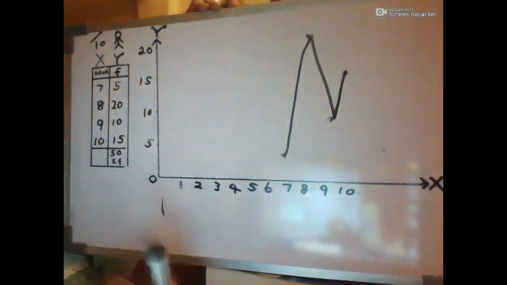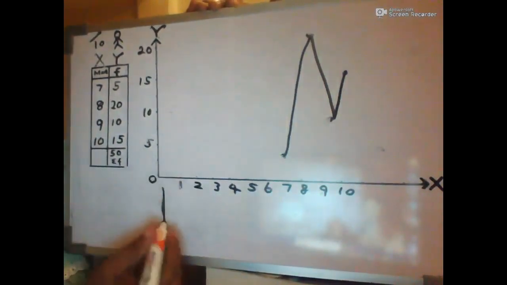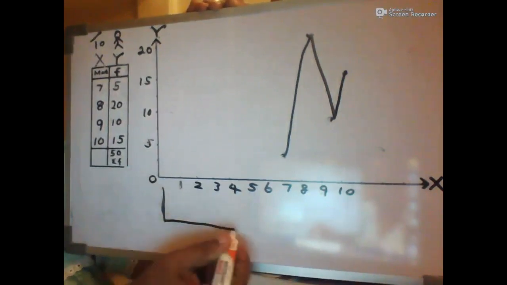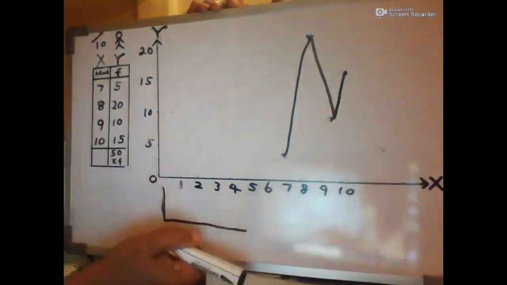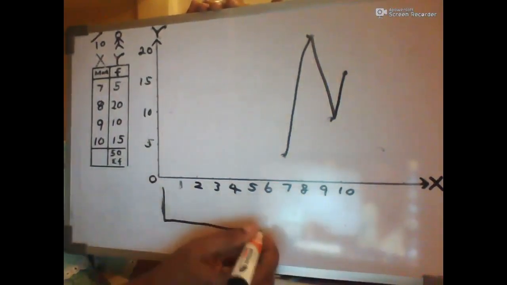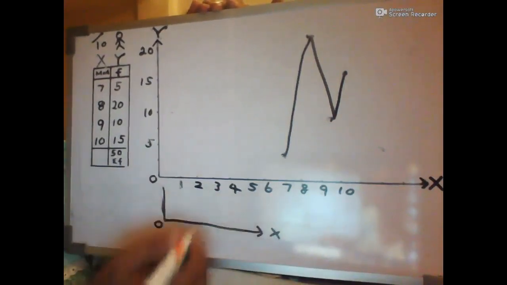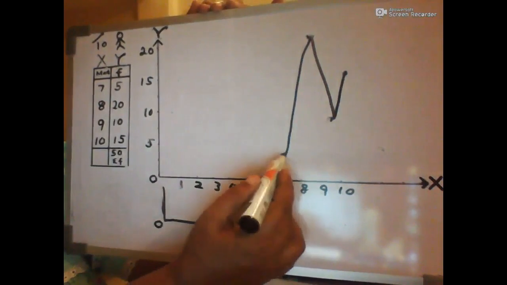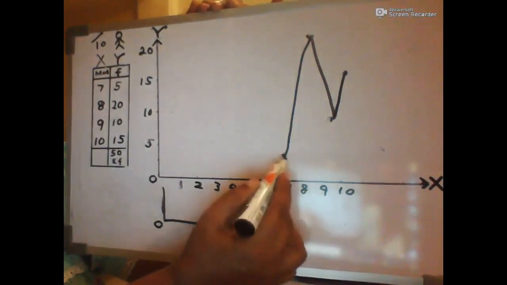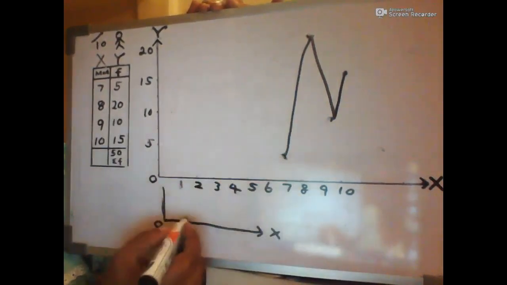This is the y-axis. This is the x-axis. We can shorten this x-axis by doing like this. Now we are starting the marks from the value 7. So we can start it from 6.